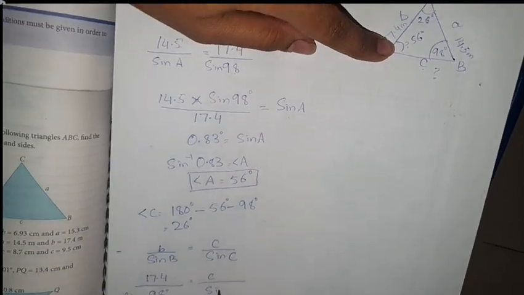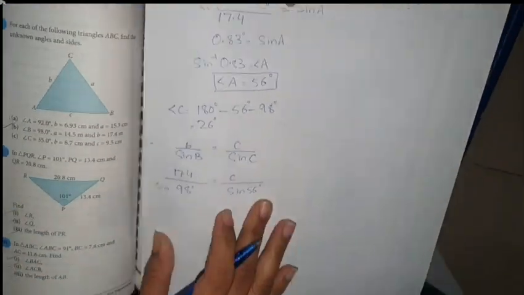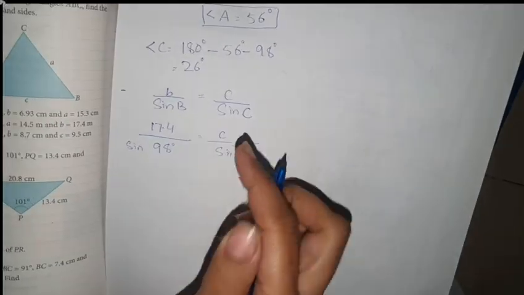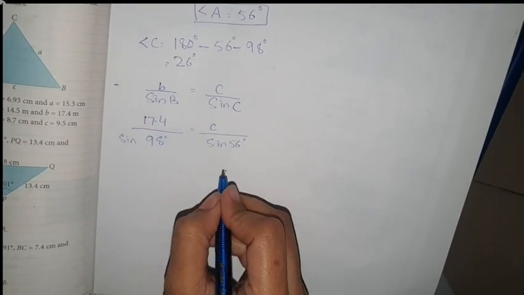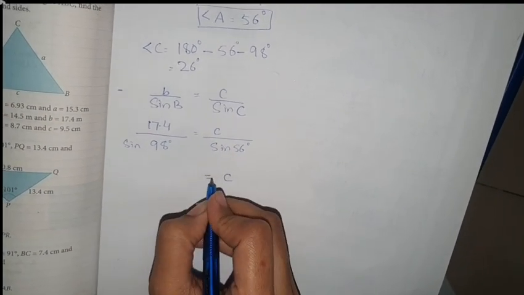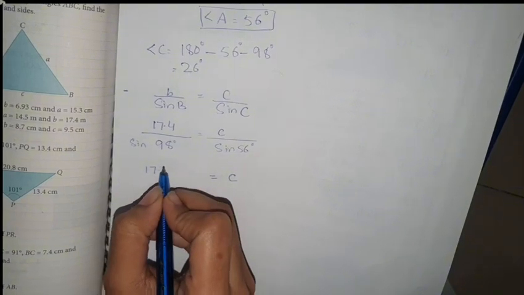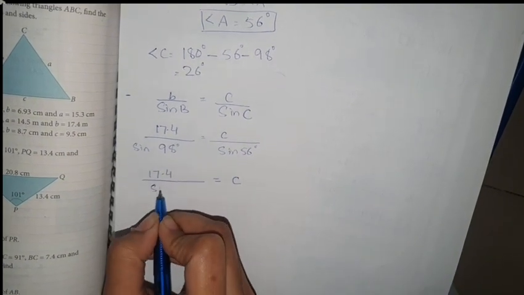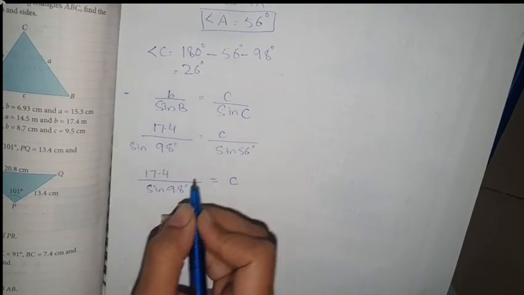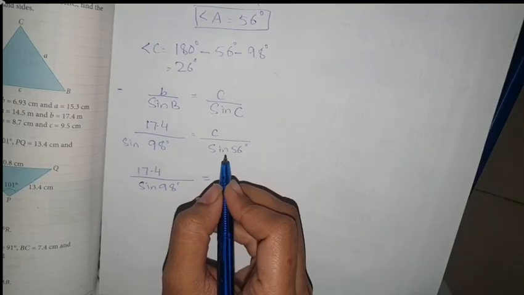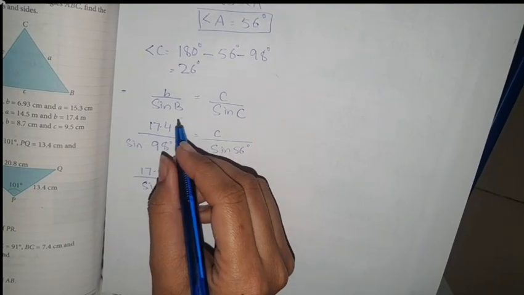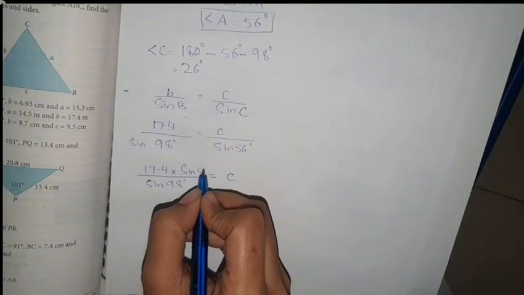This is sine 56 degrees. Now what we have to do is make C the subject. So C is as it is, equal to 17.4 upon sine 98 degrees, and sine 56 is dividing over here. If we shift it to this side of the equation, it will be in the numerator, multiplying sine 56 degrees.